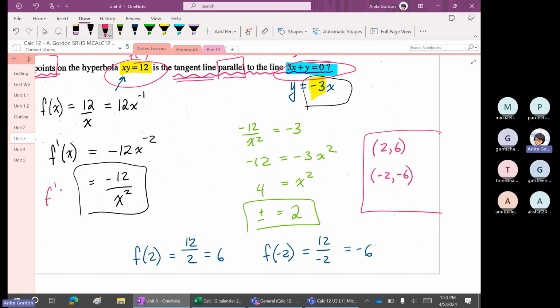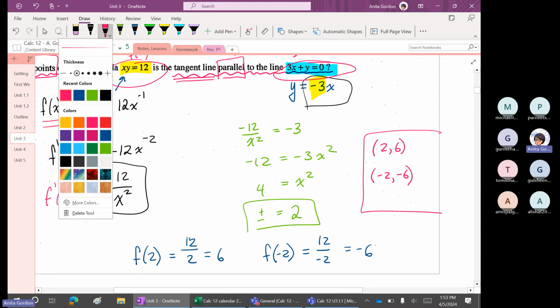This is f prime. I'm looking for f. Where on the original function does the tangent line have the same slope? So we find the general slope equation. We equate it to -3 to find the exact x points. And we use the x points on the original equation to find the original coordinates.